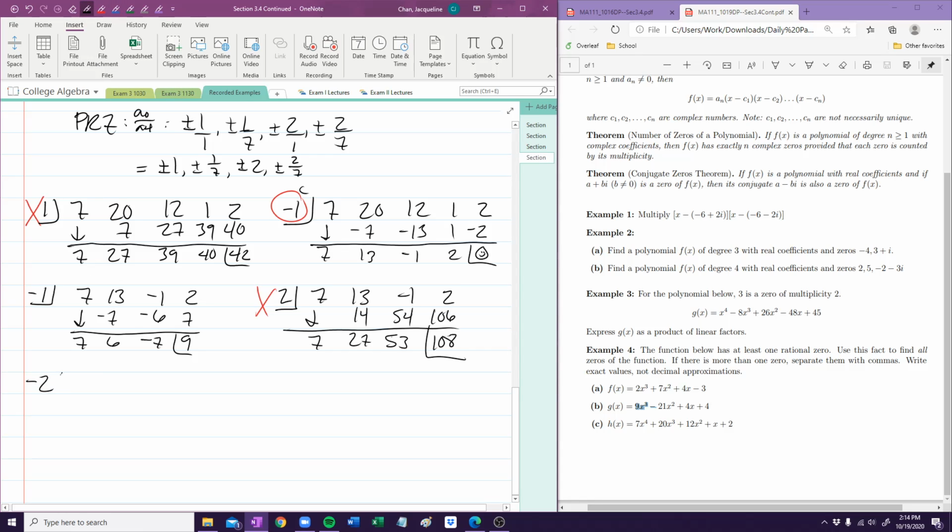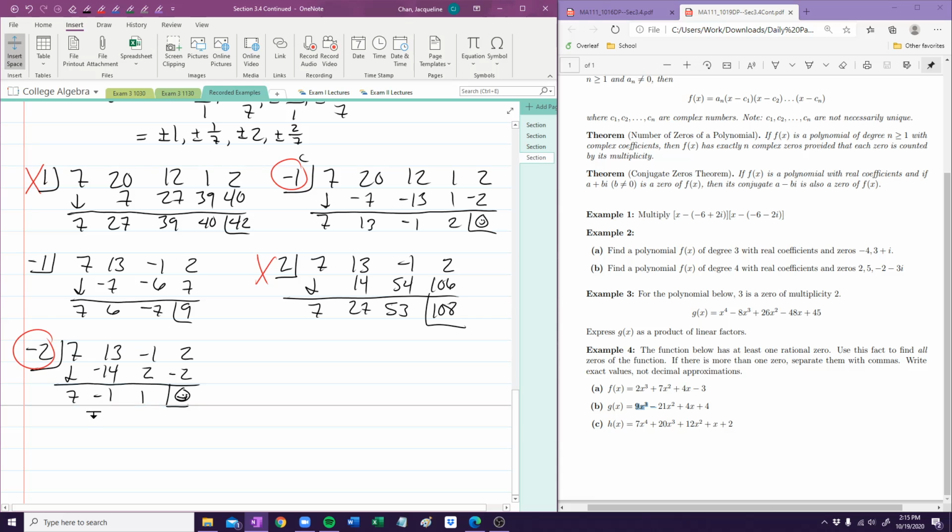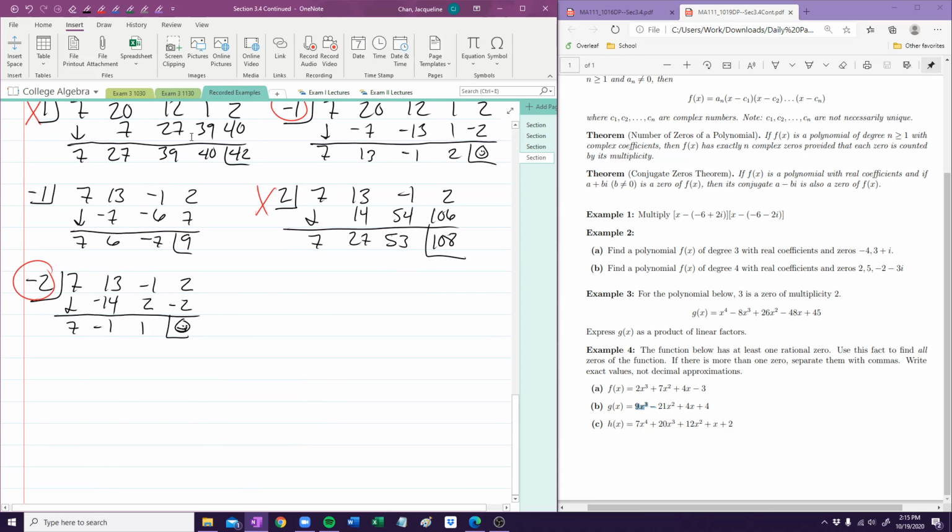Okay, let's try negative 2. 7, 13, negative 1, 2. Okay, so this is 7, negative 14, negative 1, 2, 1, negative 2, 0. Okay, I'm going to put a smiley face because we found another 0. Right? So we found 2 zeros, and now we've reduced it to a quadratic.